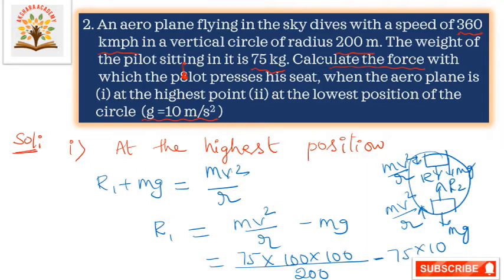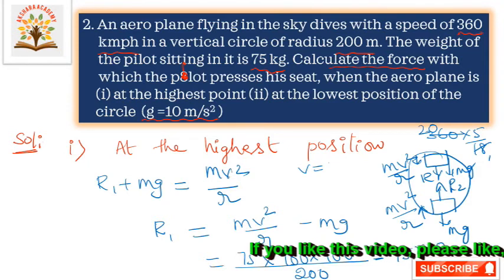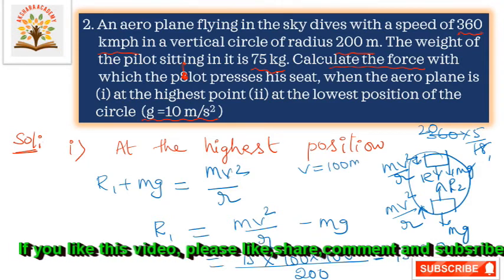Converting into meters per second, 360 into 5 by 18. 18 ones are 18, 18 twos are 36, 0, so 25 is 100. So v is equal to 100 meters per second.